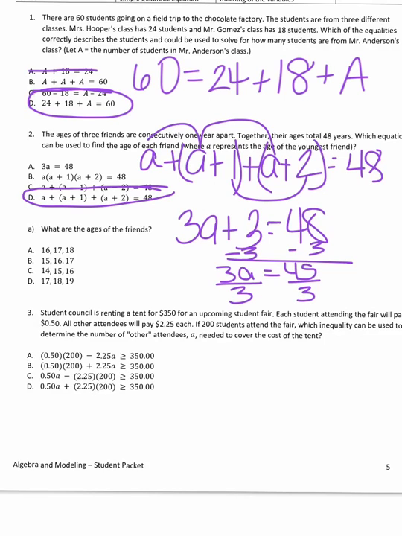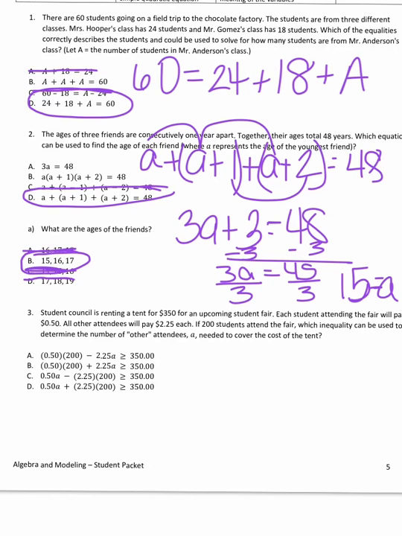So then 3 goes into 45 15 times for A. So that means that the youngest is 15. So right away I can get rid of A, and I can get rid of D. But the thing is we just said the youngest is 15, because then it's 15 plus 1 is 16, 15 plus 2 is 17. So that tells us it's B, not C.